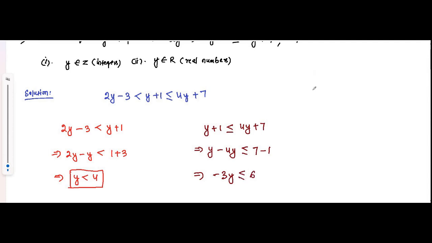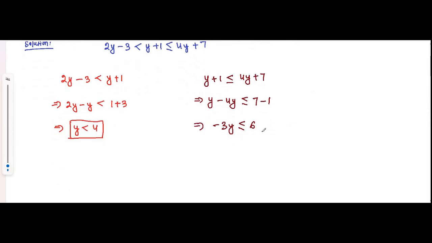So here, if you remember one of the rules that we have studied, if we change the sign on both sides of the inequation, plus to minus, minus to plus, whatever it is, the inequality gets reversed. So here, if we change minus 3y to plus 3y, that is simply 3y, and 6 to minus 6, then this inequality lesser than or equal to will become greater than or equal to.